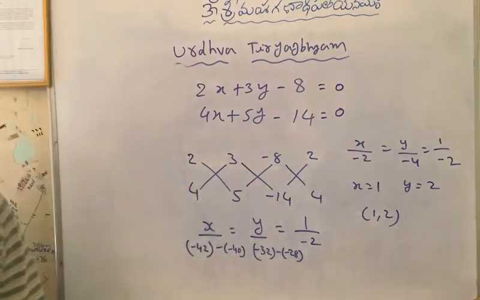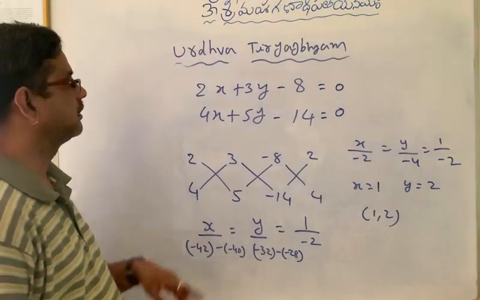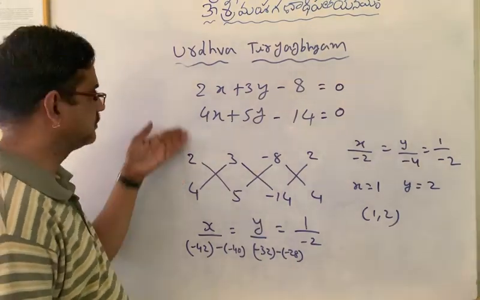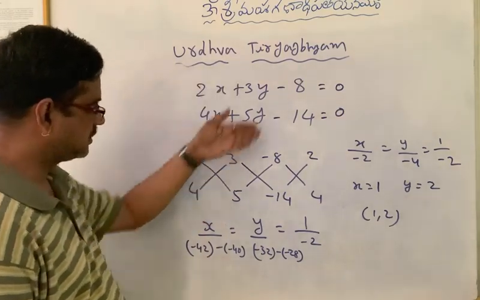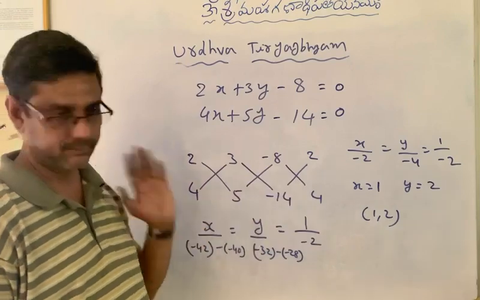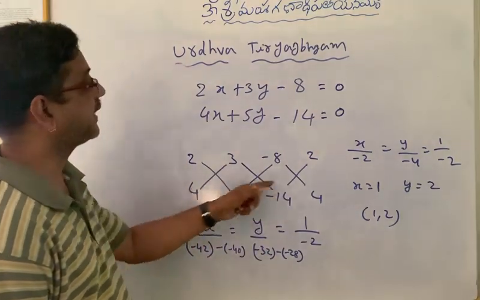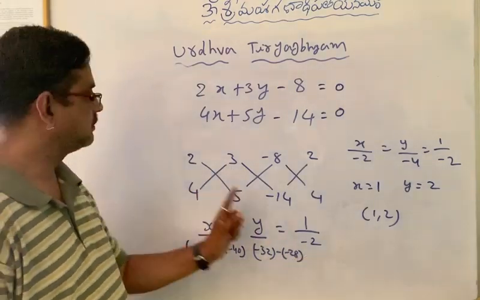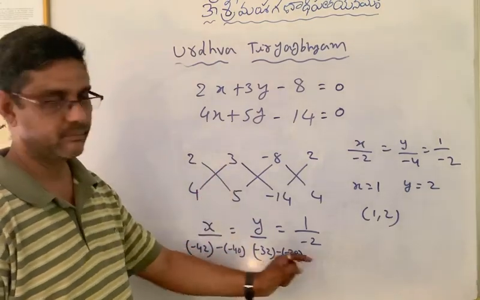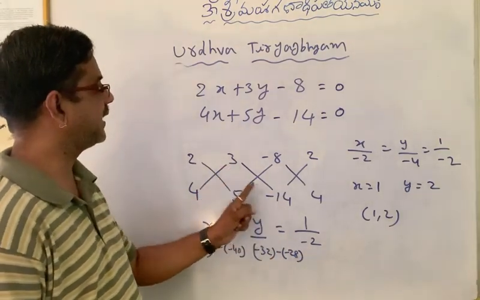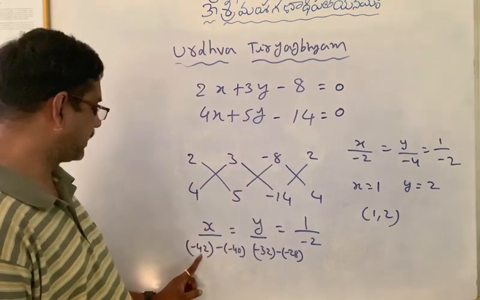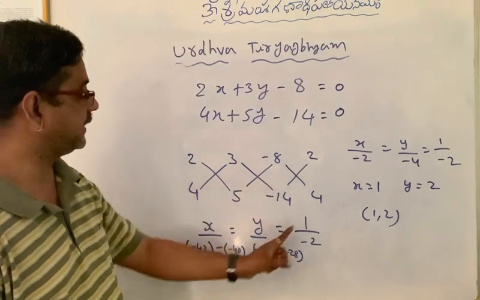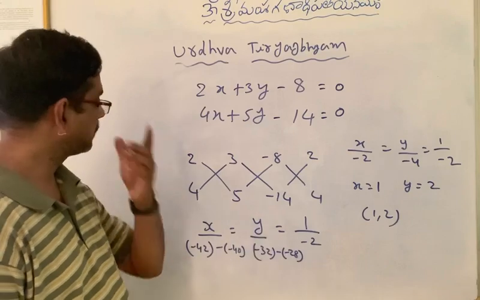Now, once again, write the equations in the general form. Write the coefficients like this: x coefficients, y coefficients, constants, again x coefficients. Then do cross multiply: 10 minus 12 is minus 2, then minus 42 minus 40, then minus 32 minus 28.